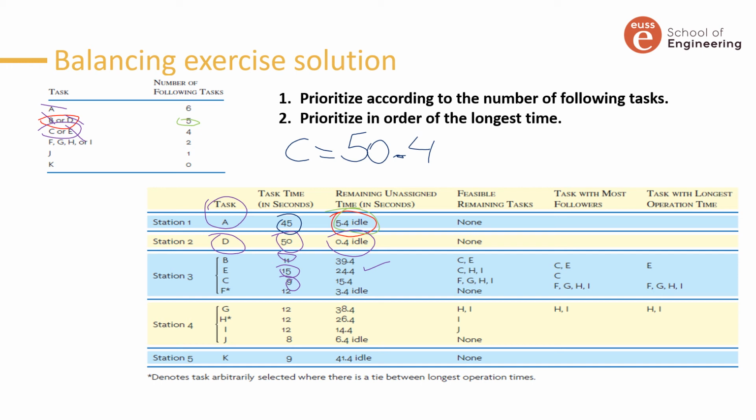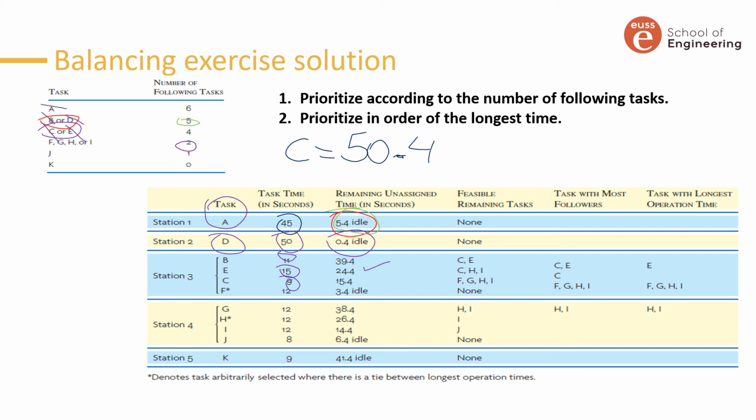Okay, we assign C. Now, guys, it goes to four different tasks. F, G, H, I. One important item. All of them have two following tasks. So they are equal in the primary rule.